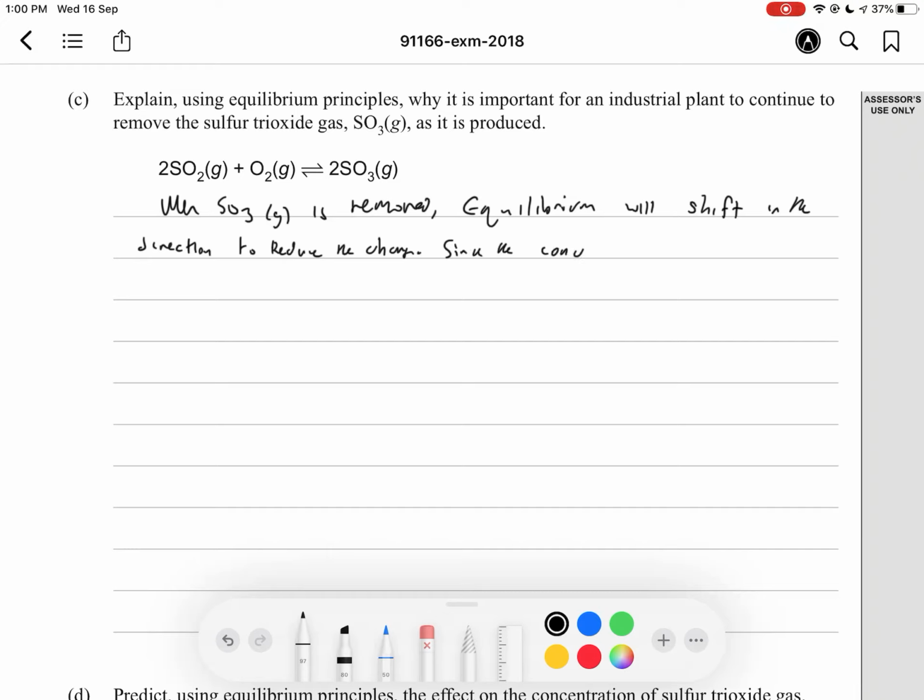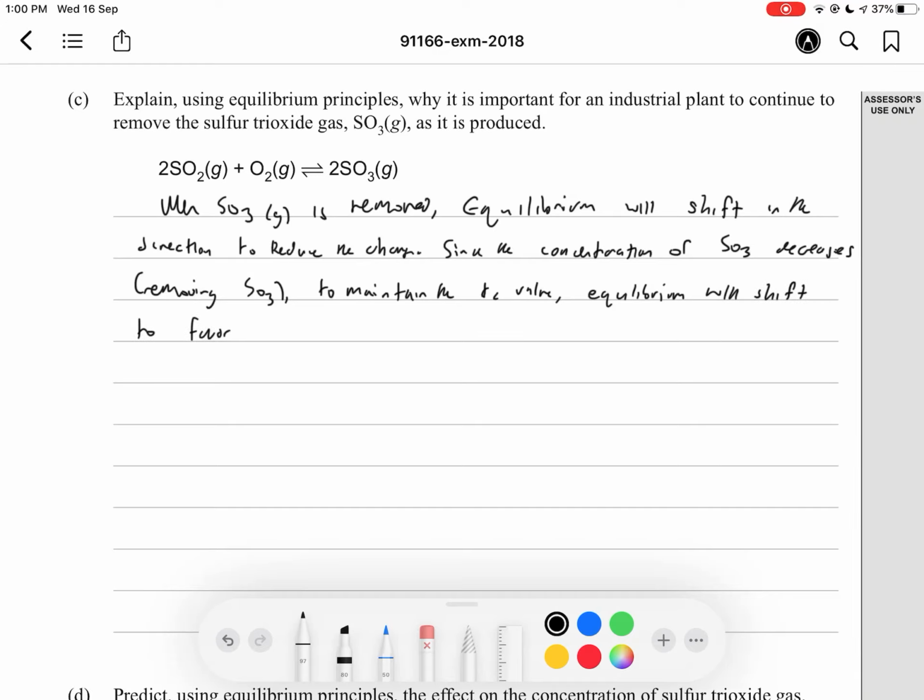Since the concentration of SO3 decreases, because we're removing SO3, to maintain the Kc value, equilibrium will shift to favor the products, or in other words, the forward reaction is favored.